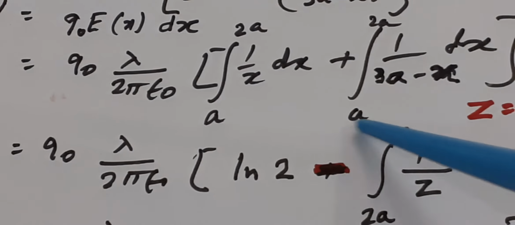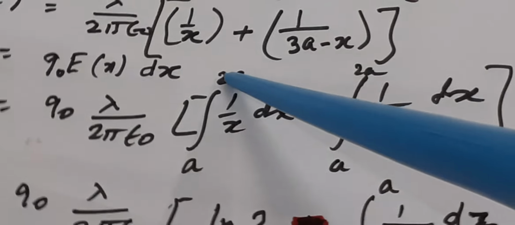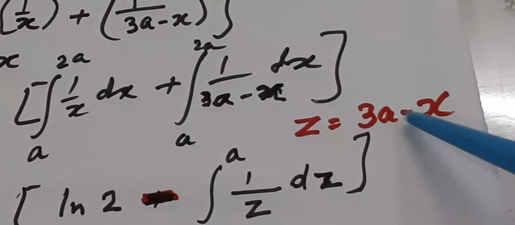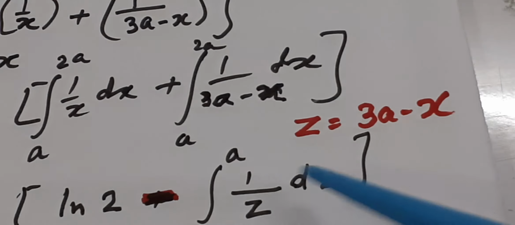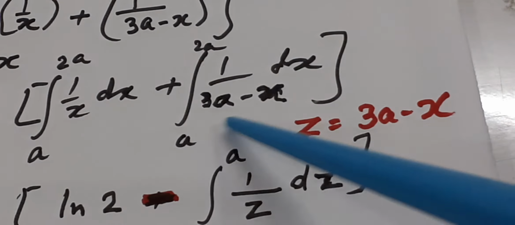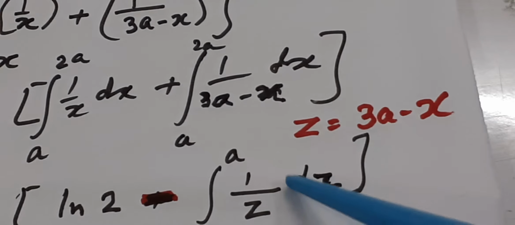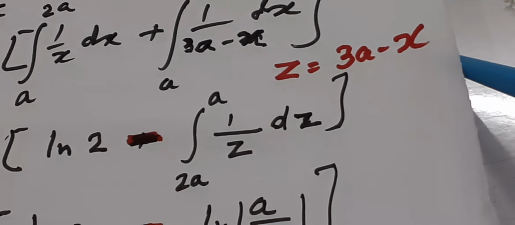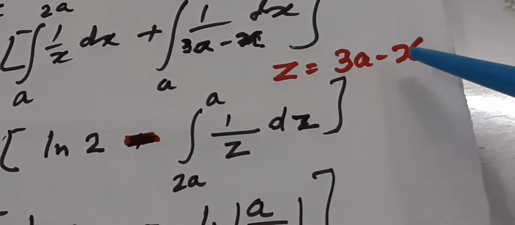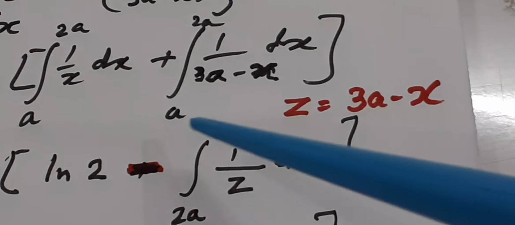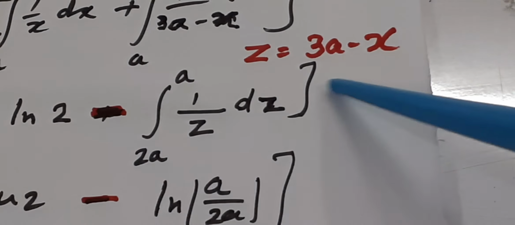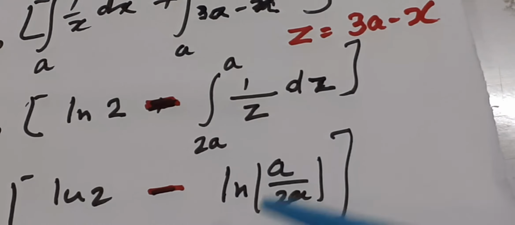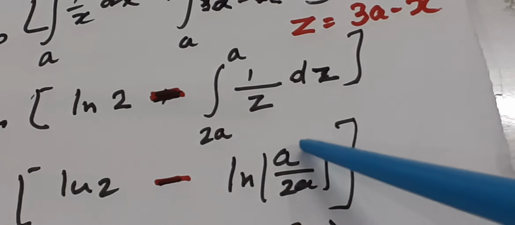And here, you can take z equal to thrice a minus x, differentiate, instead of dx put dz, it will give a minus. With the change of variable, the limits have to be set accordingly. When you substitute a here, it will be twice small a. When you substitute twice a, it will give small a. Now the minus will come, this is again the same type of integration, ln upper limit by lower limit, it will give minus ln half.